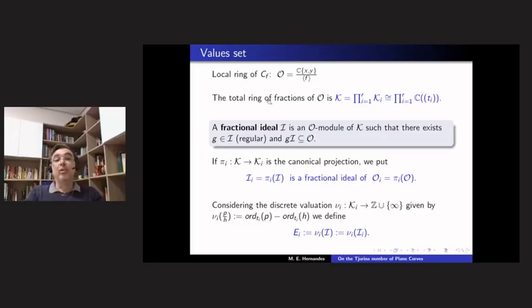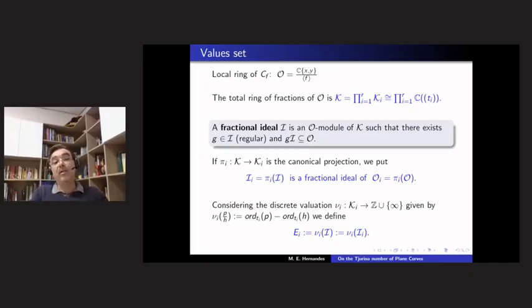the total ring of fractions of O, which we denote by K, is the product of the Ki, and each Ki is precisely the field of Laurent series, corresponding to the field of fractions of the local ring of each branch.